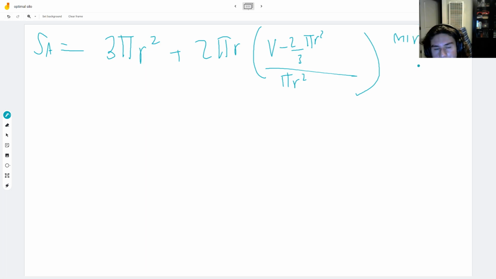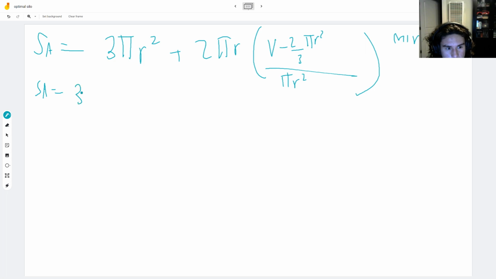And how we're going to find those critical points is by differentiating the surface area with respect to r, and then looking for minima and maxima by solving for the roots of the derivative. But first, I want to simplify this a bit because I don't want to have to differentiate all that.